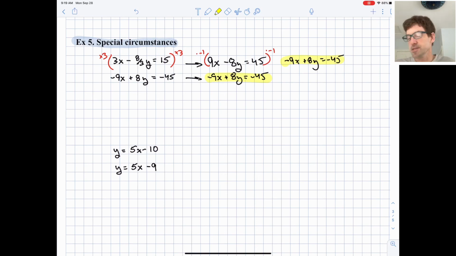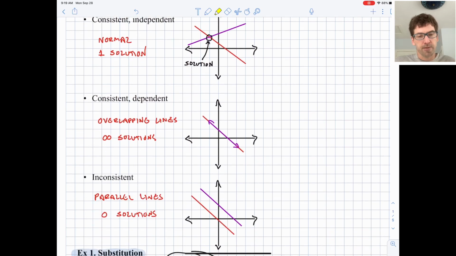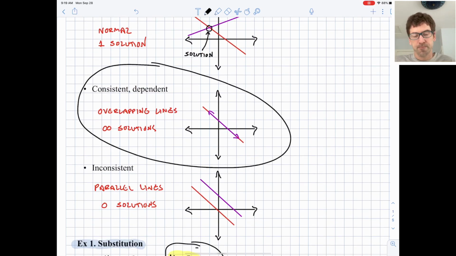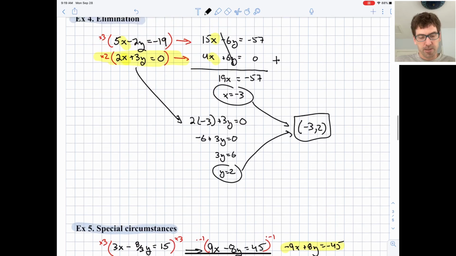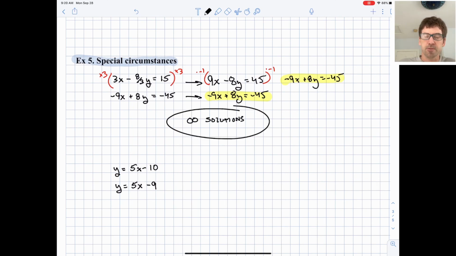So this is an example, as we alluded to way up top, of a consistent dependent system. Consistent meaning we have a solution, but there are an infinite number of solutions. We're dealing with the same line. So the answer here would be infinite solutions. It's a consistent dependent system, same line.